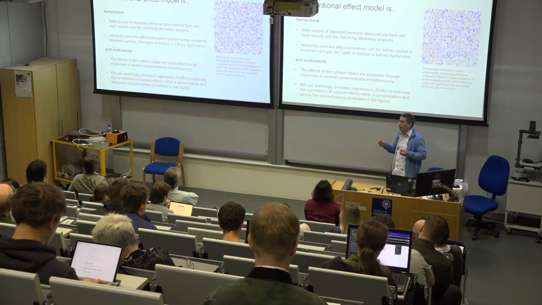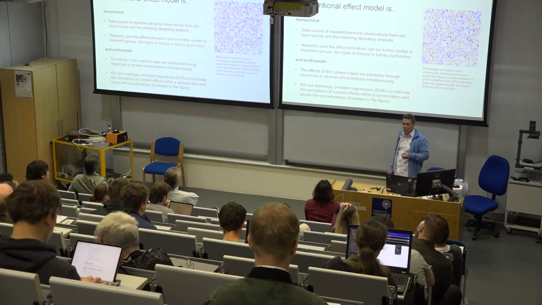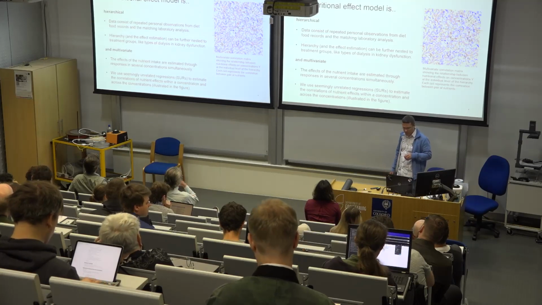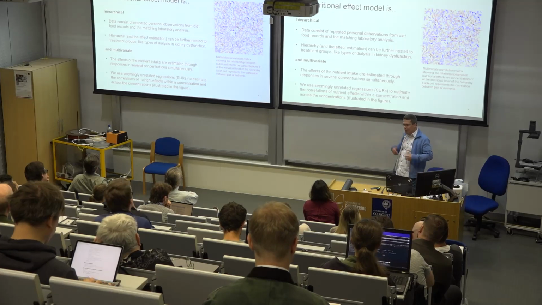Then we can analyze, does the treatment affect how the nutrients affect your cholesterol level or albumin level, which is important for kidney patients, for example. And the model is also multivariate, so we are always predicting from the same diet, but we are analyzing different concentrations, how it affects your cholesterol level and insulin level, simultaneously.